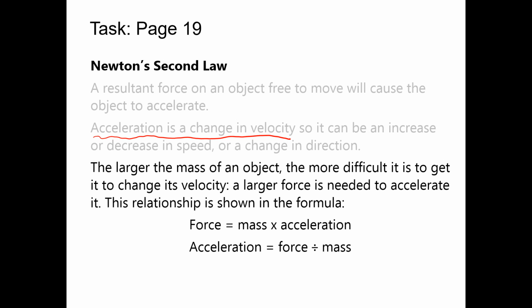Remember, we're going to change something's velocity, change something's speed in a particular direction. If I'm trying to push a huge rock, to accelerate it, I'm going to need to apply much more force than if I'm trying to move a small pebble. It makes sense. A larger force is needed to accelerate a larger mass object.